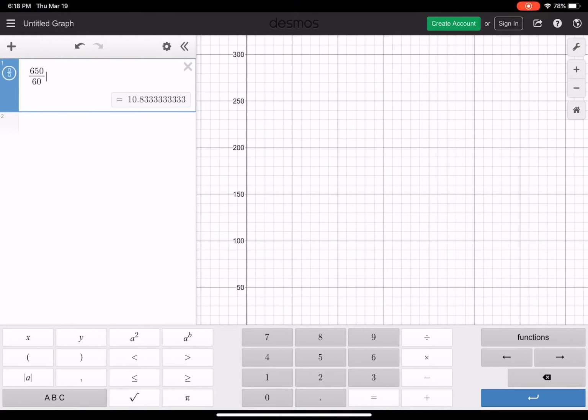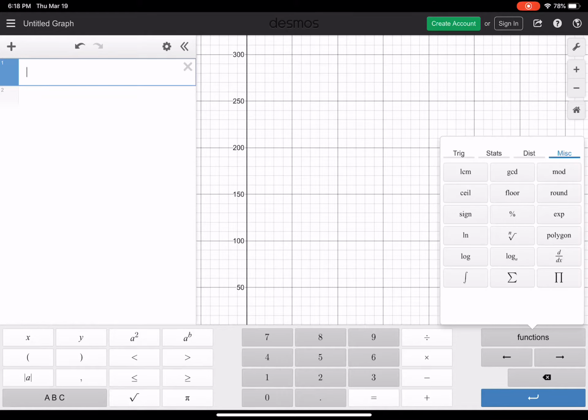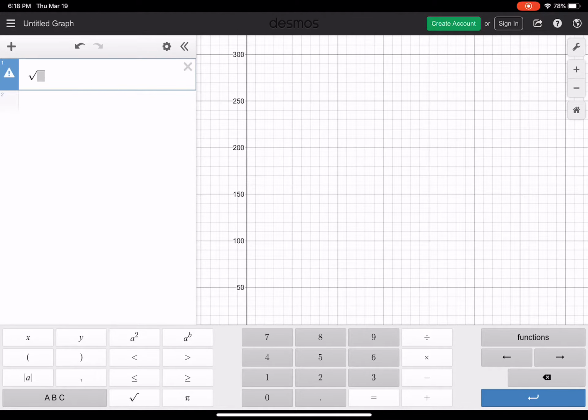Now, on the iPad or iPhone or smartphone version of Desmos, you find that feature, the 8th root, in functions. And that's what it looks like. So we're finding the 8th root of 10.8333, and we get 1.3469307 if I round that.